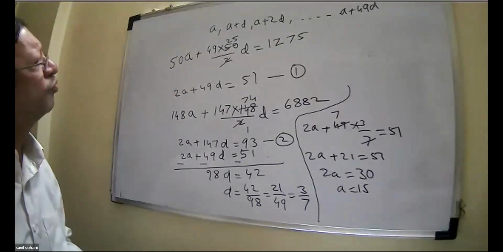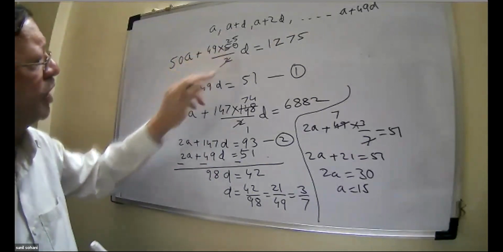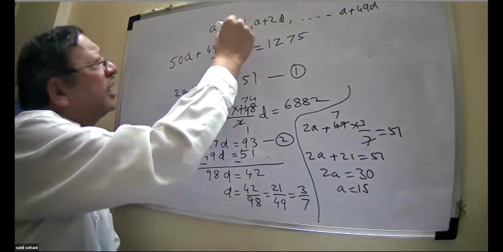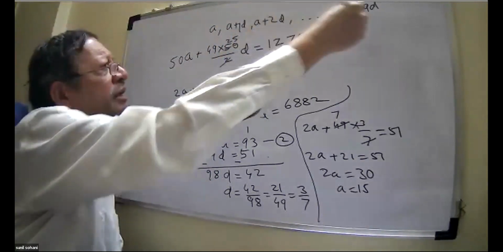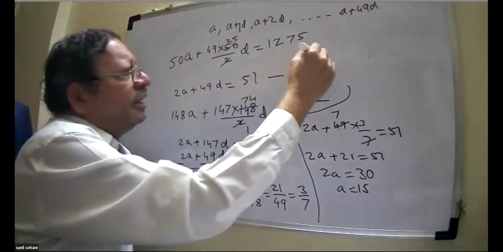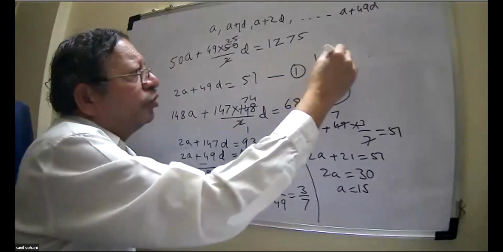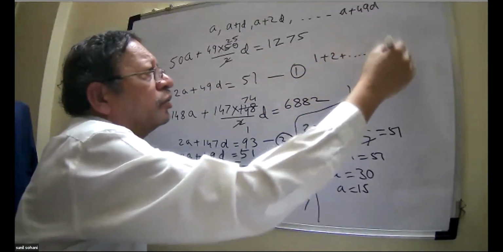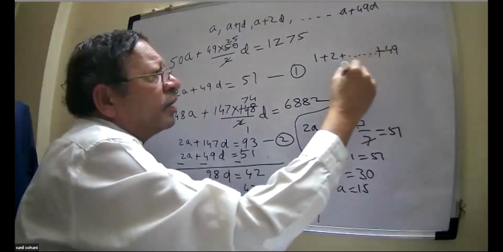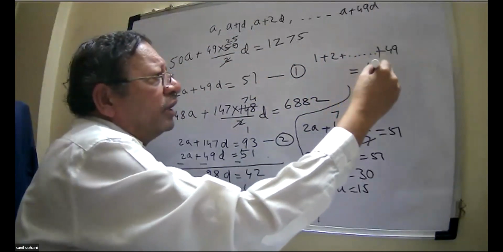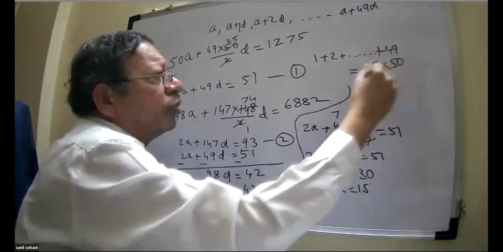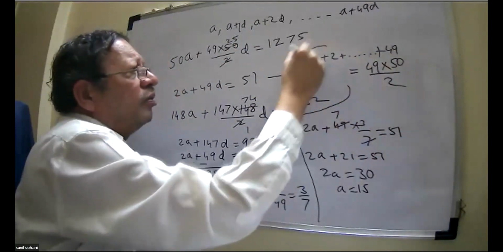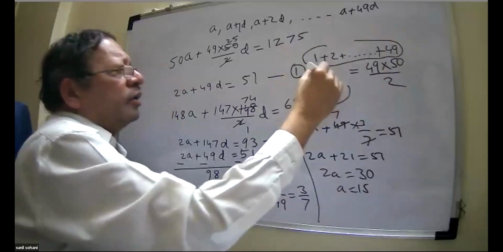Okay, if you want to understand what is this 49, 50, how did it come? The D's start from 1D, 2D's up to 49D's. So basically we are adding 1 plus 2 plus 3 up to 49. This rule is given by the last number 49 into the next number 50 upon 2, which is the sum of 1 to 49.